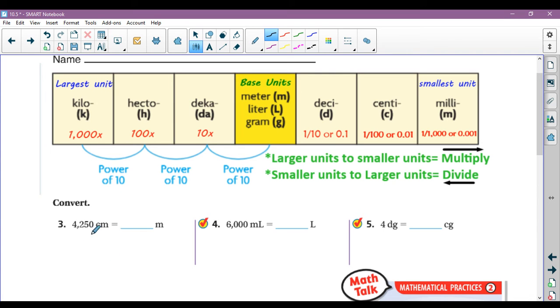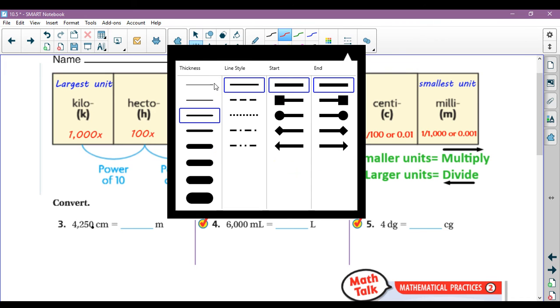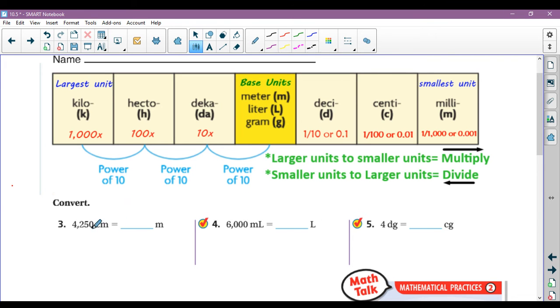Remember, anytime you have a whole number, your decimal is always at the end. If we move our decimal 2 places, it's going to be right here between the 2 and the 5. So it would be 42 and 5/10, or if you wanted to keep that 0 in there and leave it 50 hundredths, that would be fine too.